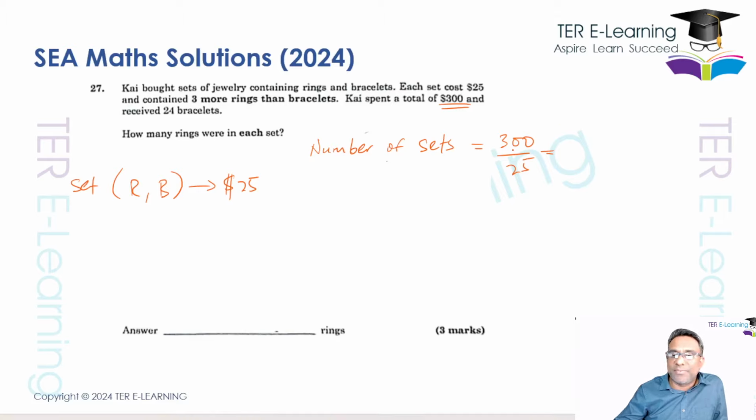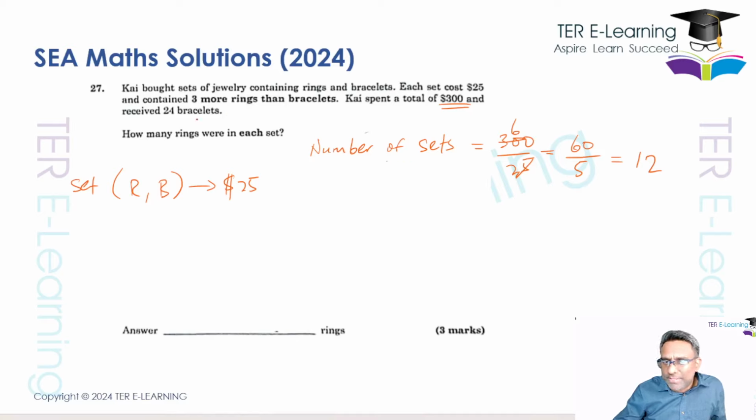We can take 25 and see how many times it can go into 300, or we can reduce them part by part. This could be divided by 5, and 5 can go into 30 6 times. So this here is going to be 60. So 60 divided by 5 is going to give me 12. So what's happening here is that we have 12 sets of this jewelry that we're talking about here.